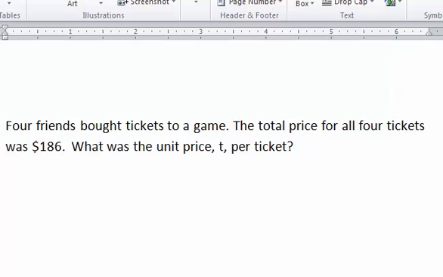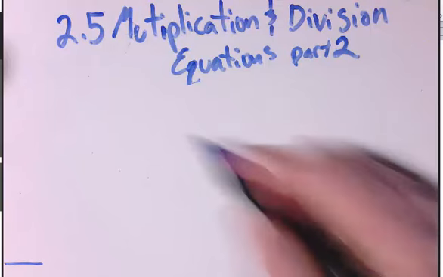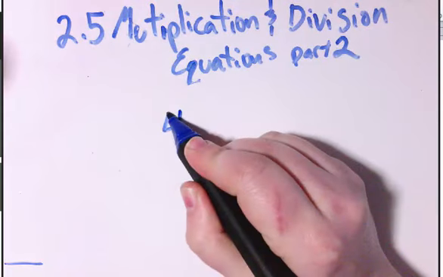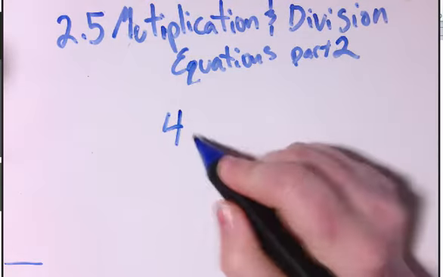Okay, so for our next problem, we have 4 friends bought tickets to a game. The total price for all 4 tickets was $186. So what was the unit price T per ticket? So we know that there are 4 friends that each bought tickets.